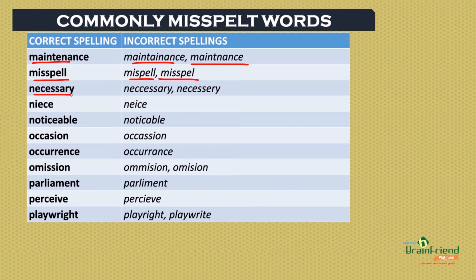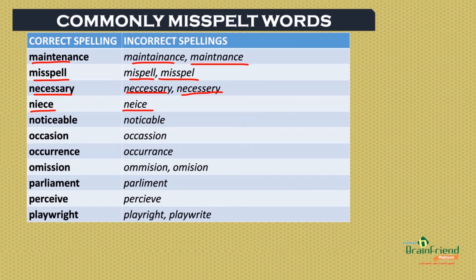Next, we have necessary, spelled as N-E-C-E-S-S-A-R-Y, but it is spelled wrongly as N-E-C-C-E-S-S-A-R-Y or N-E-C-E-S-S-E-R-Y. Next, we have niece, which is spelled as N-I-E-C-E, but wrongly spelled as N-E-I-C-E.